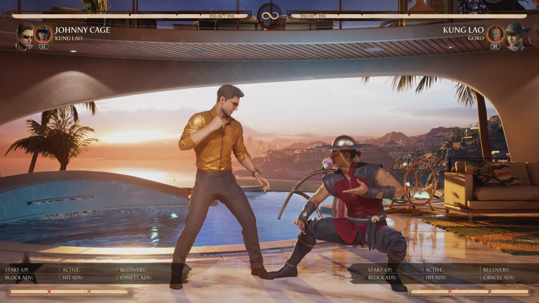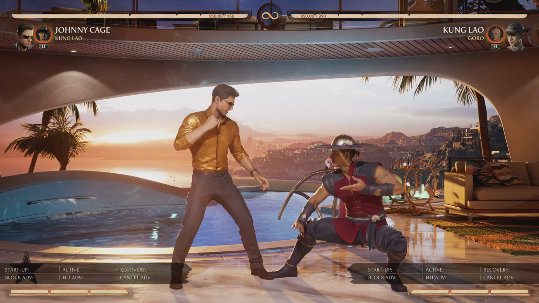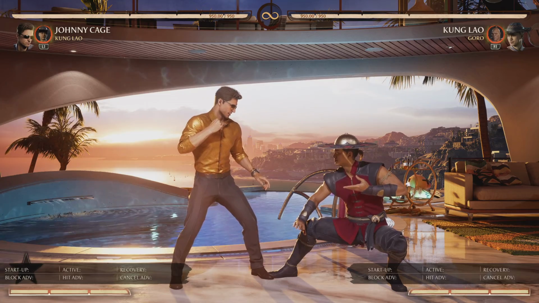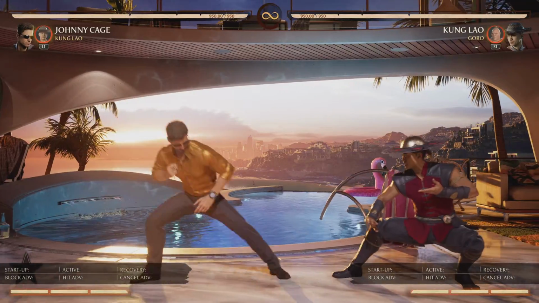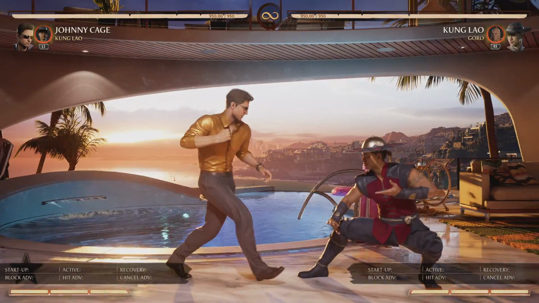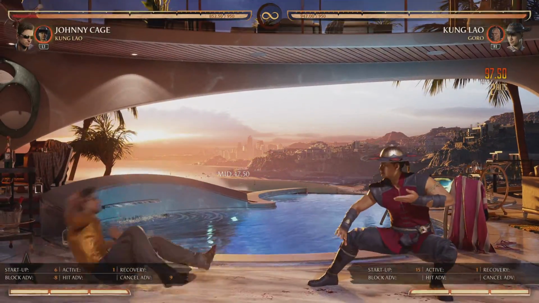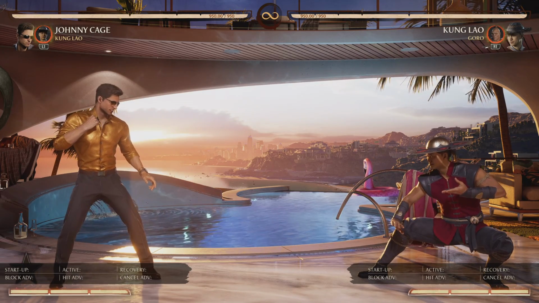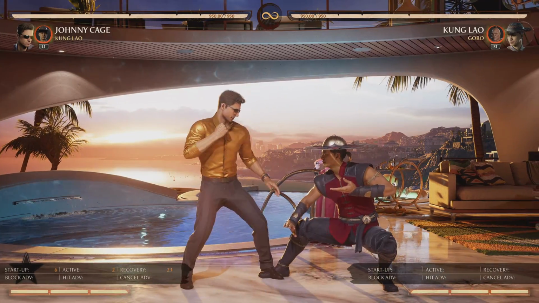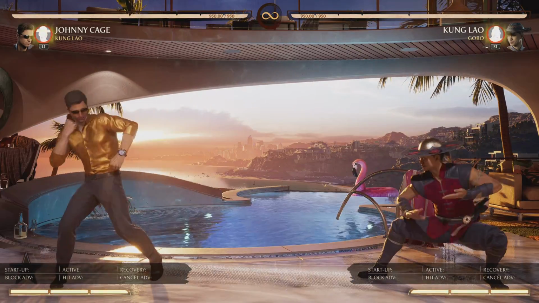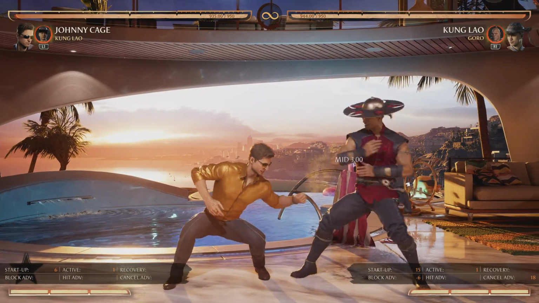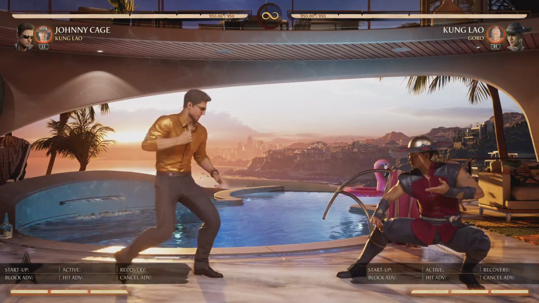However, it depends what the opponent does. Like I said, most characters in this game, to start their pressure, to start their stagger game, are going to use high attacks, which you can duck under, as you can see. So I have Kung Lao set to do his 1-2-1 string, his high string. And if I'm Johnny Cage, before that second hit of the string comes out, that's a mid, which if we look at the frame data, comes out in 15 frames.